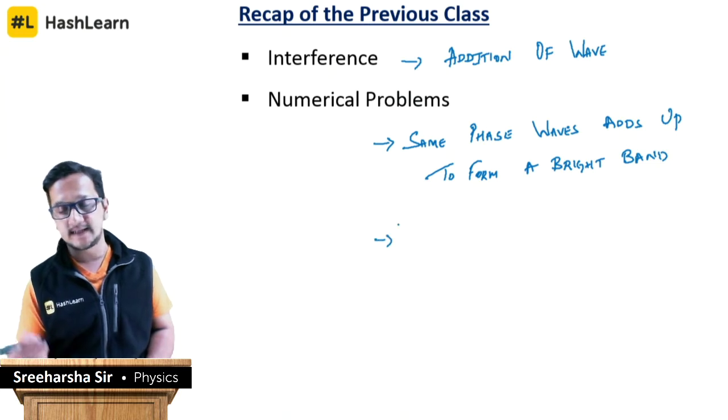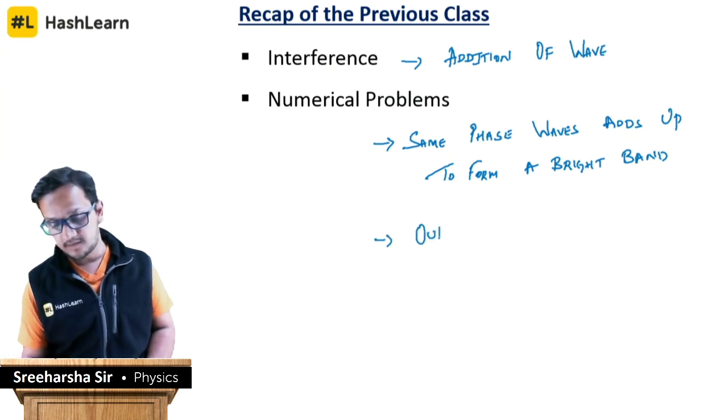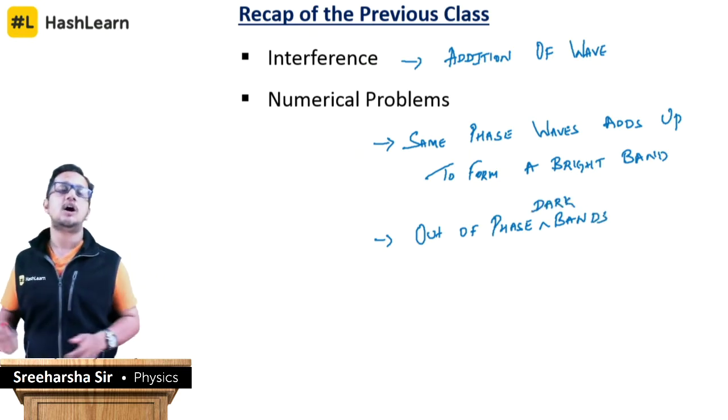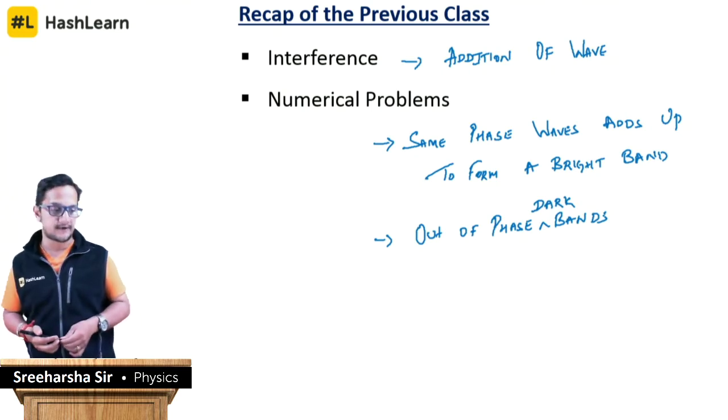Same phase is a bright band, out of phase is a dark band, and these alternating dark and bright bands form what we call fringes, also called an interference pattern.